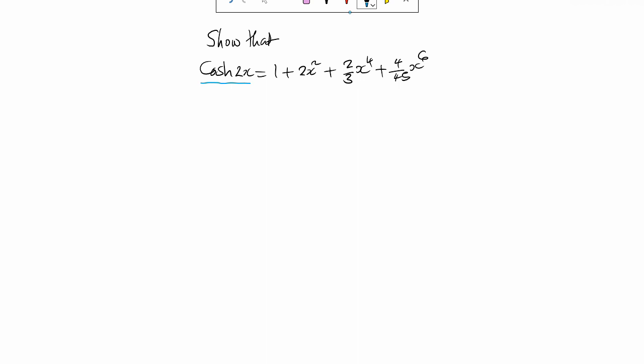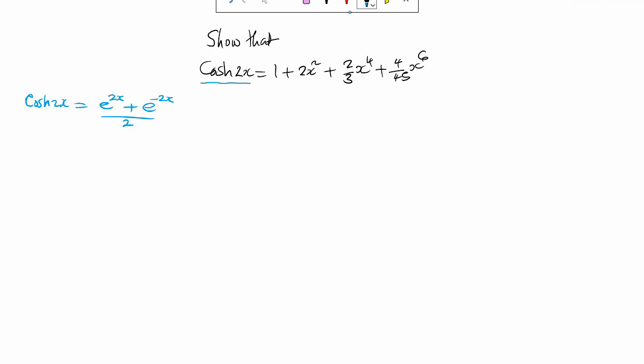Now cos 2x, we want to see what cos 2x is. Cos 2x is the same as e raised to 2x added to e raised to negative 2x, over 2.